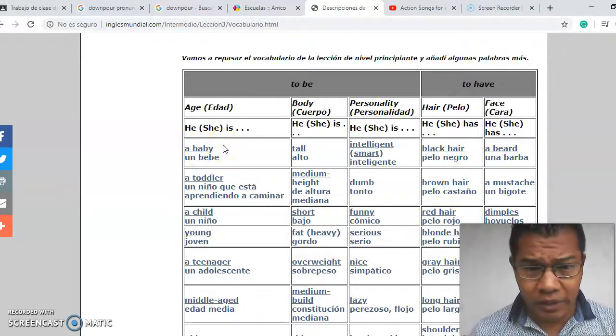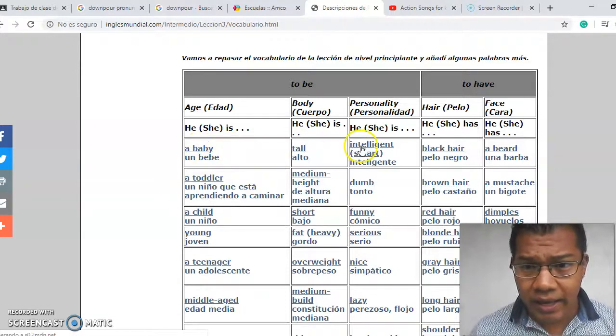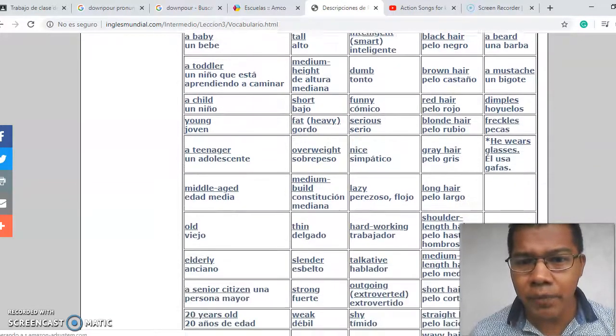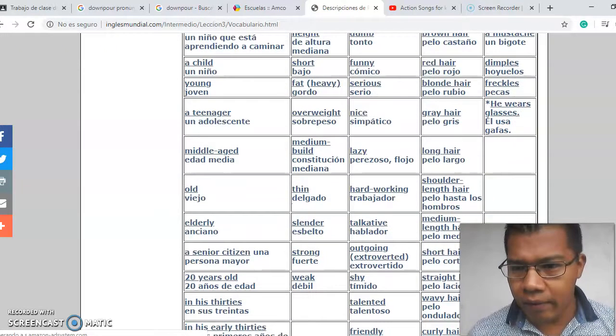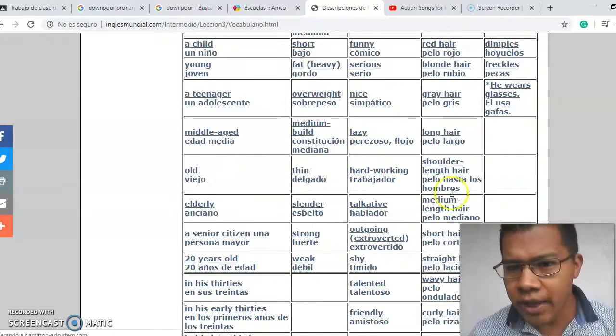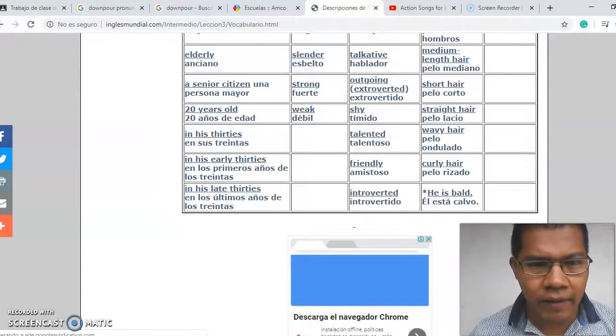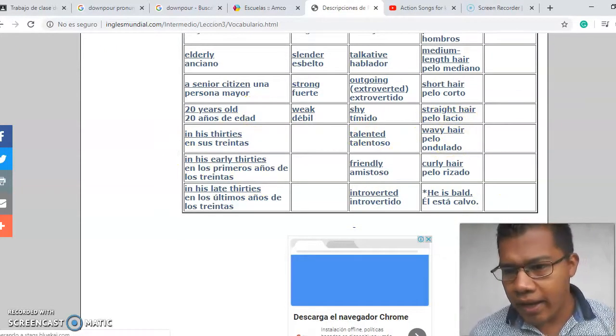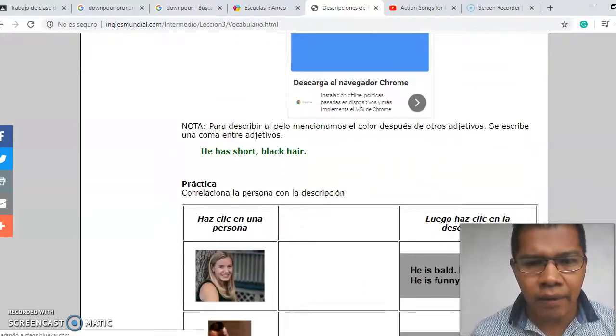I am not allowed to speak Spanish, but you can see what it means. And with this, you're going to be improving your vocabulary, okay? So I have more words, I have practice, I can practice in studies, talented, wavy hair, and I go down and down and down, okay?